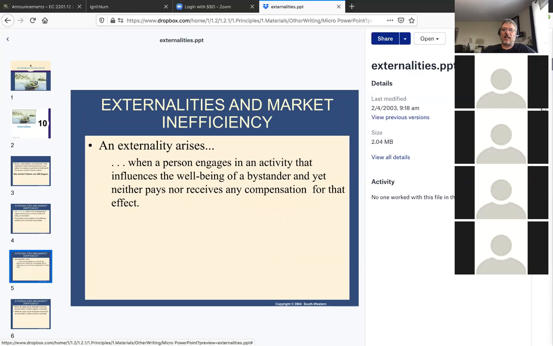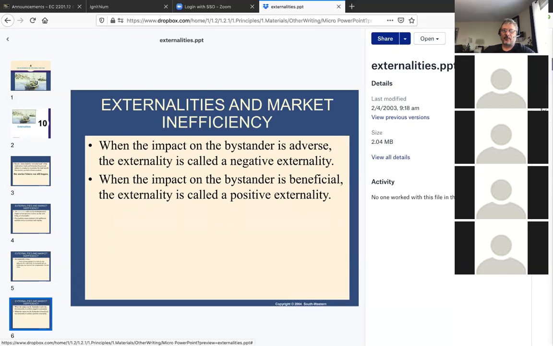So how do these externalities generate? Well, when a person engages in an activity that influences the well-being of a bystander, and that bystander and that person aren't transacting in any way, no compensation is received for that effect.